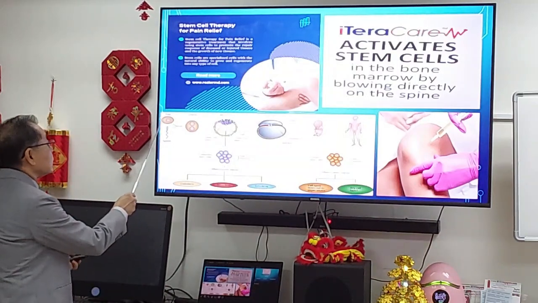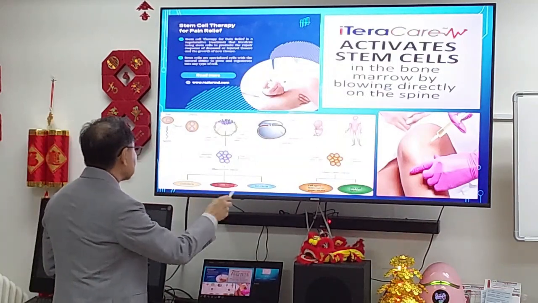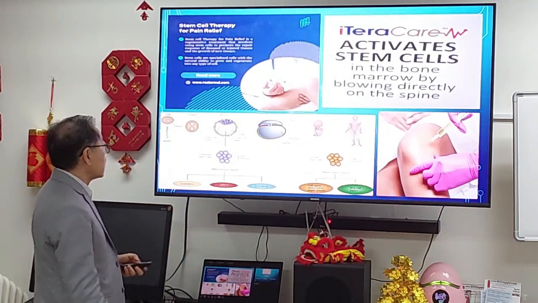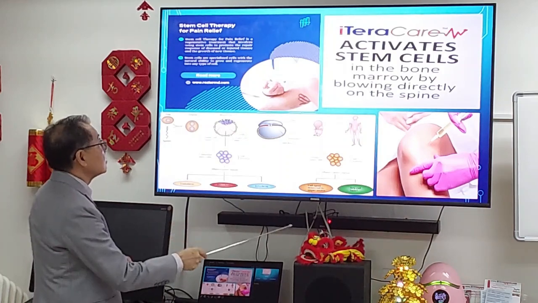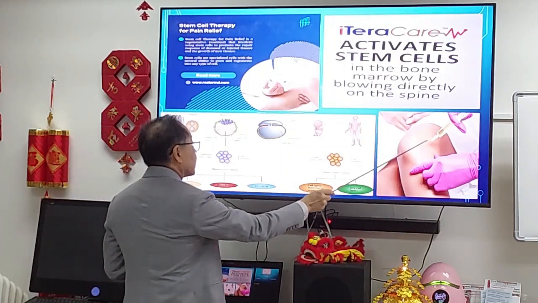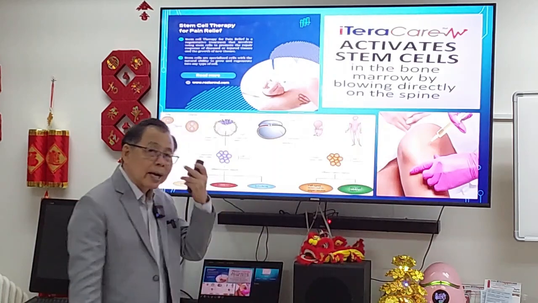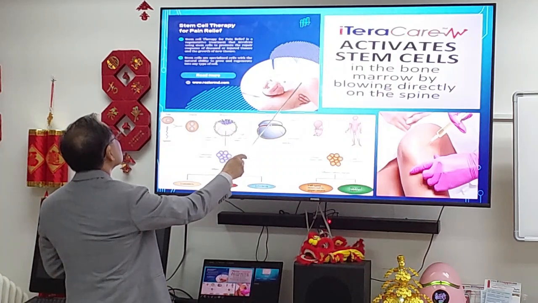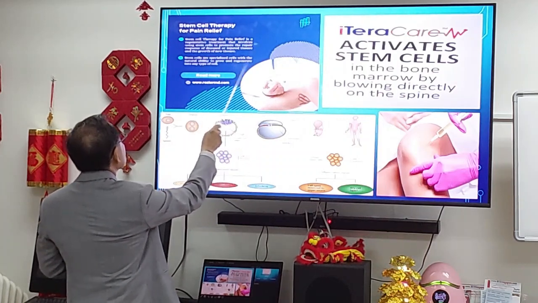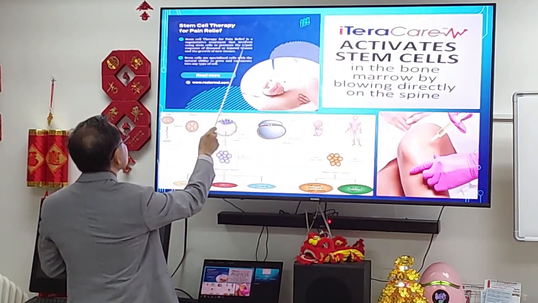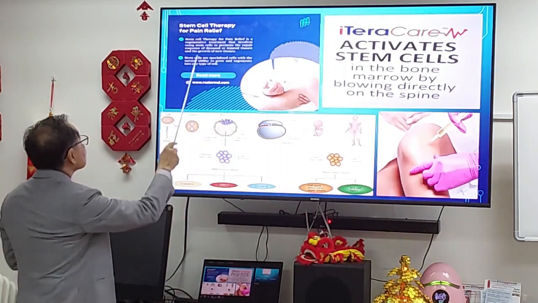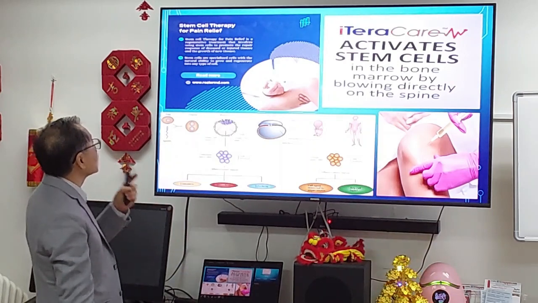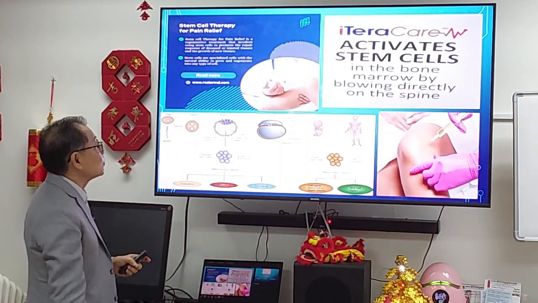So this is what stem cell therapy is about. The different types of stem cells can allow you to be healed. You can inject it into your bone. Those with eye problems can inject it into the eye, or the knee. Stem cell therapy for pain relief is a regenerative treatment that involves stem cells to promote the repair response of diseased or injured tissue and the growth of new tissue.